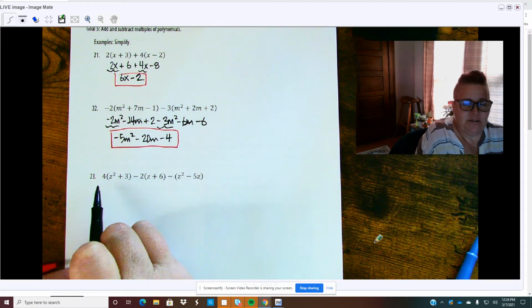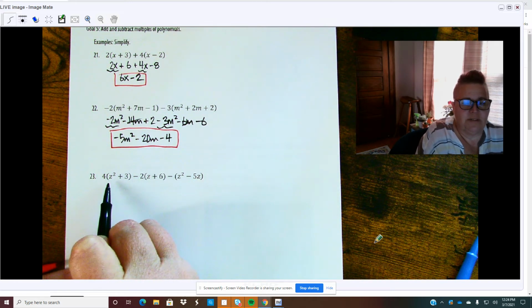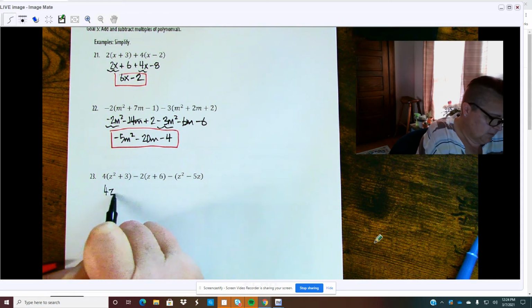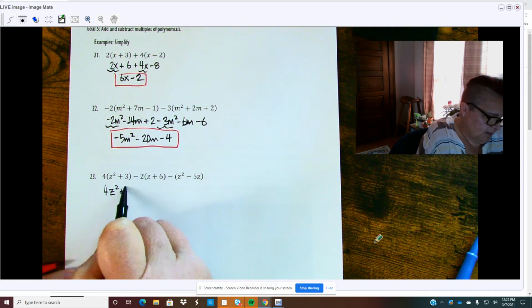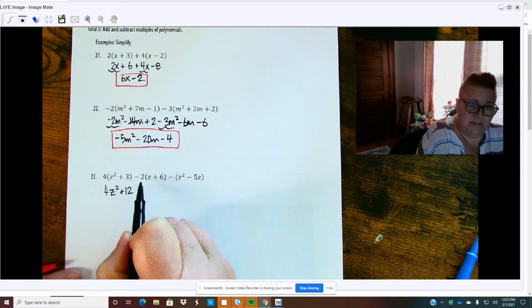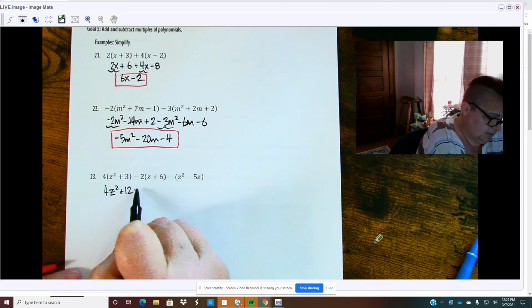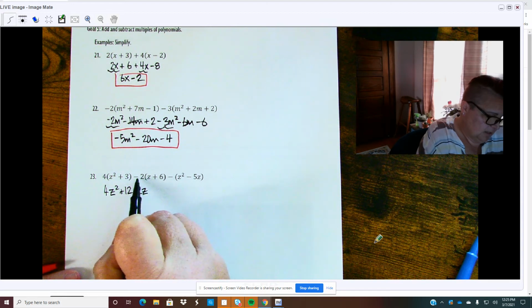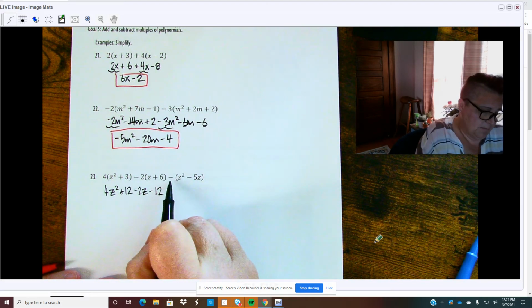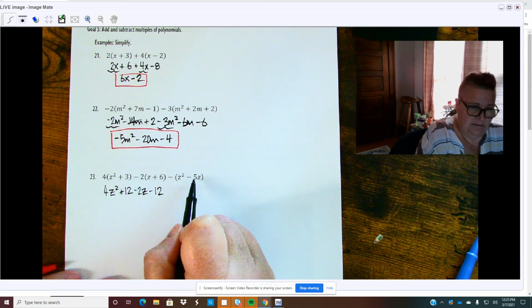All right, problem number 23. I've got a 4 times the quantity z squared plus 3. That's a 4z squared plus 12. Minus 2z plus 6. So that's going to be a minus 2z. Negative 2 times a positive 6 is a minus 12. Then I've got a minus z squared minus 5z.